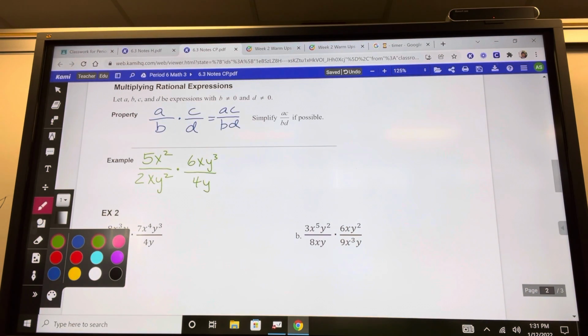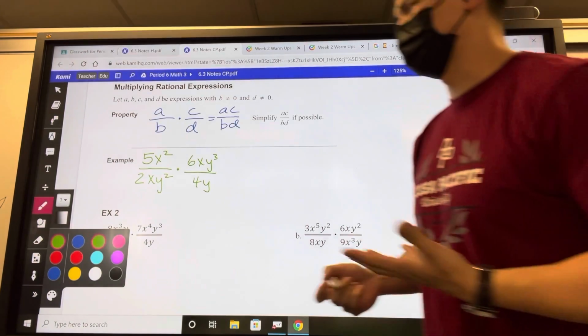So this looks a little daunting, but I promise you it's not that bad. Like I said, when we're multiplying fractions, we just need to multiply straight across. As long as we remember how to multiply, this should be fairly simple.